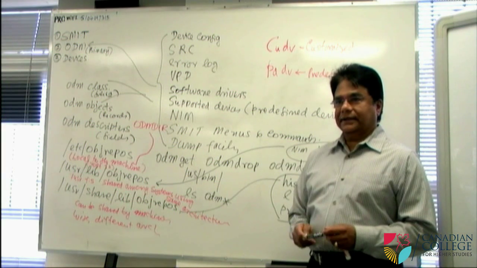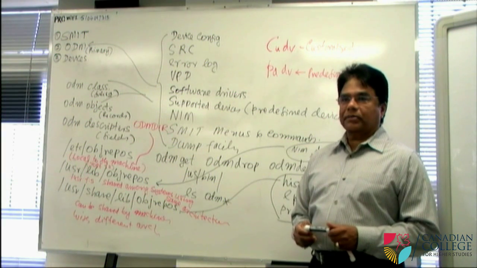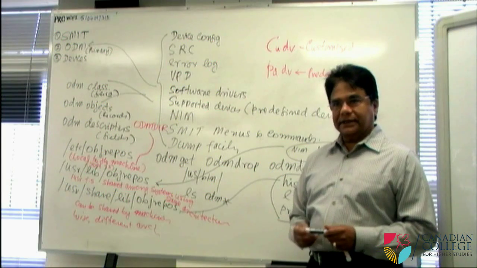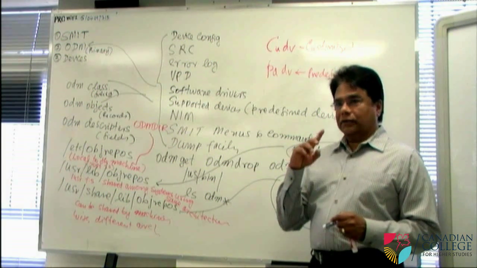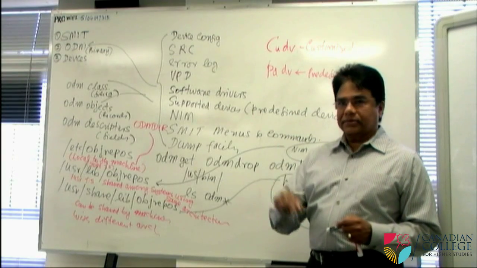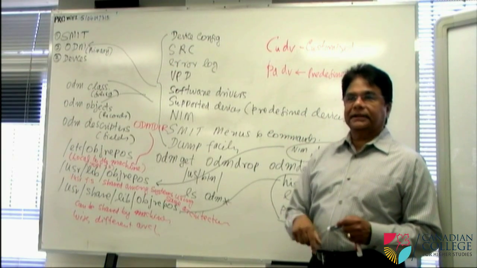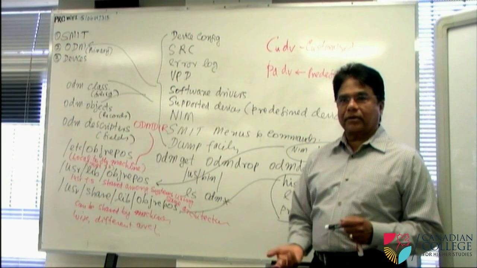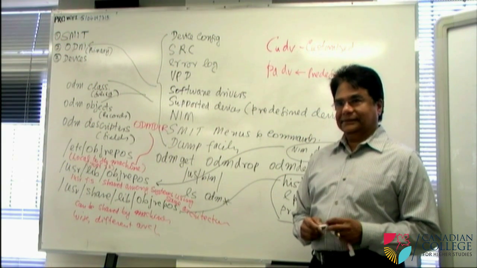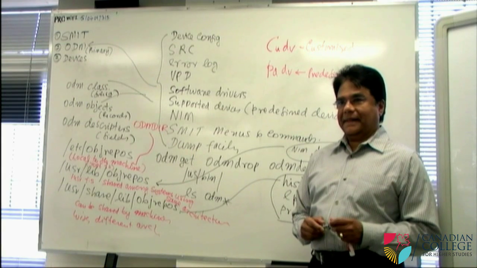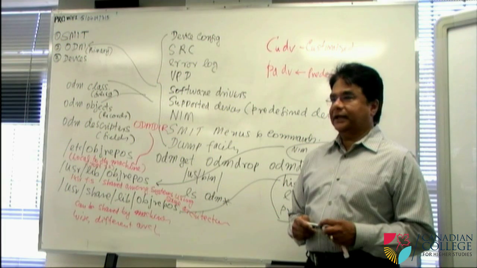You should know how to drop an object class, how to delete an object, how to add an object, and how to see the contents of an object, right? All those things. Any questions?